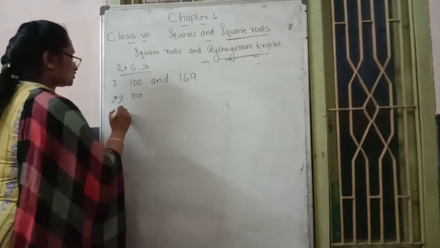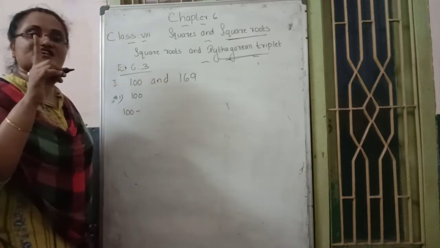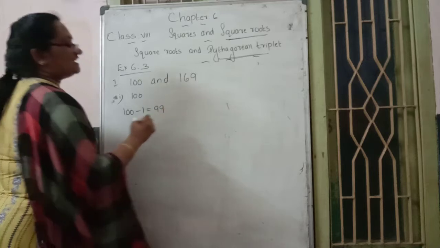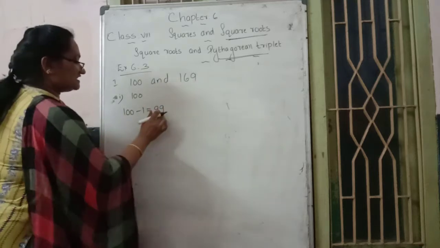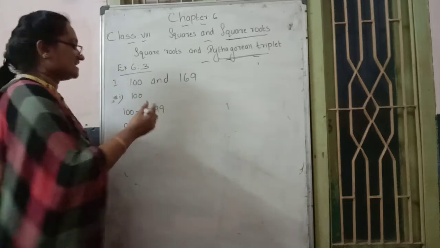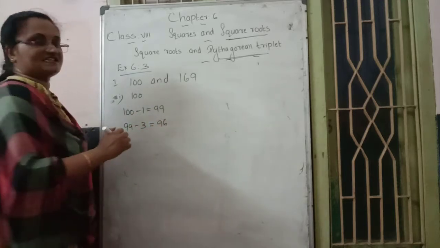How to find it: first, which is the first odd number? 1 is the first odd number. So 100 minus 1 comes to be how much? 99. Again this 99 is subtracted with the next odd number, 3. 99 minus 3 becomes 96.